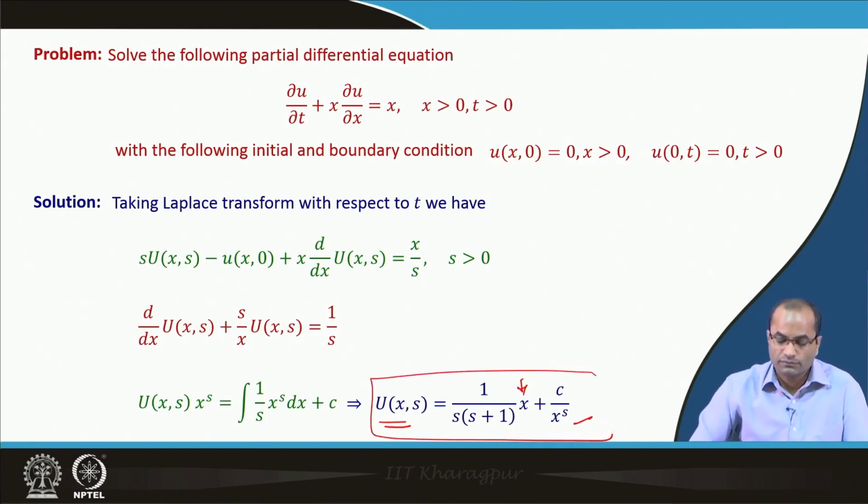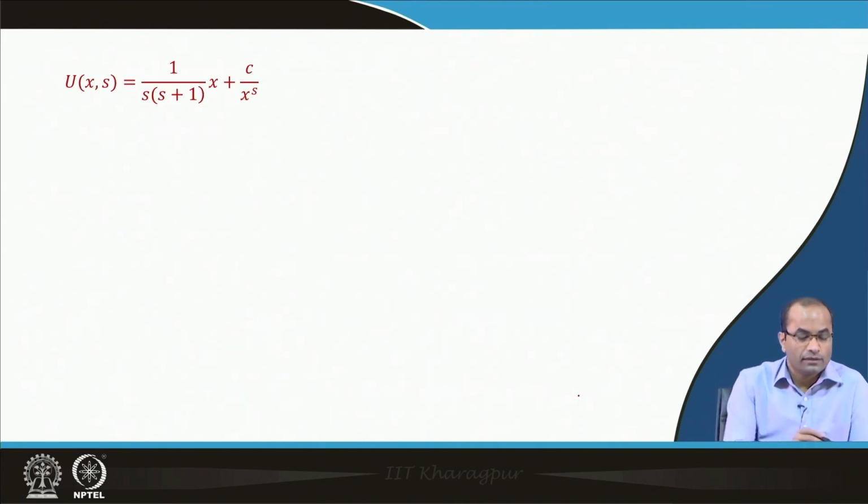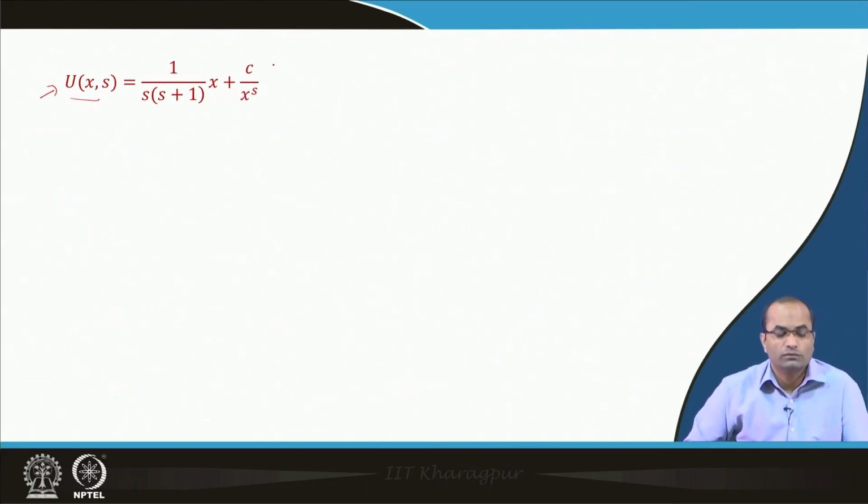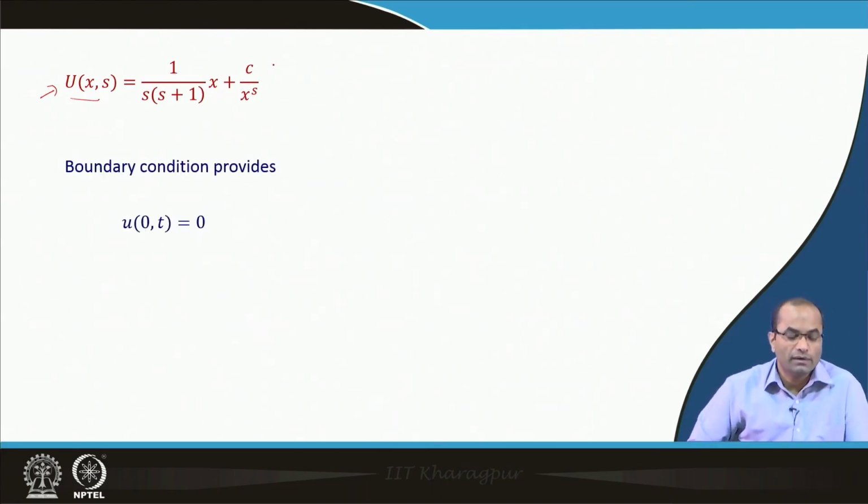Now the transformed variable is everything segregated: the left hand side has only U(x,s), and the right hand side is a function of s and x, which we can now think of inverting. So U(x,s) equals x over s(s+1) plus c over x^s, and now we have the boundary condition.